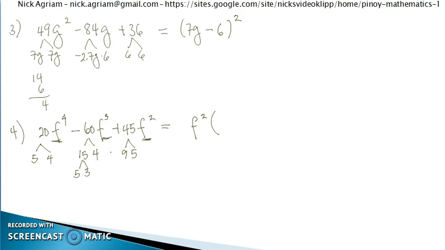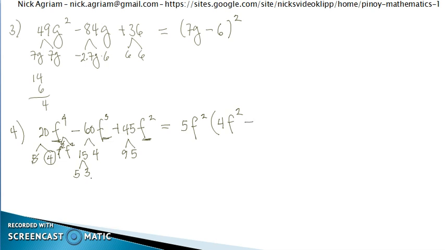Okay, then I have 5 also, and I will put that outside. What remains here now is 4f squared. I will put f squared there. Then we remove 5f squared, and we have only 4f squared.